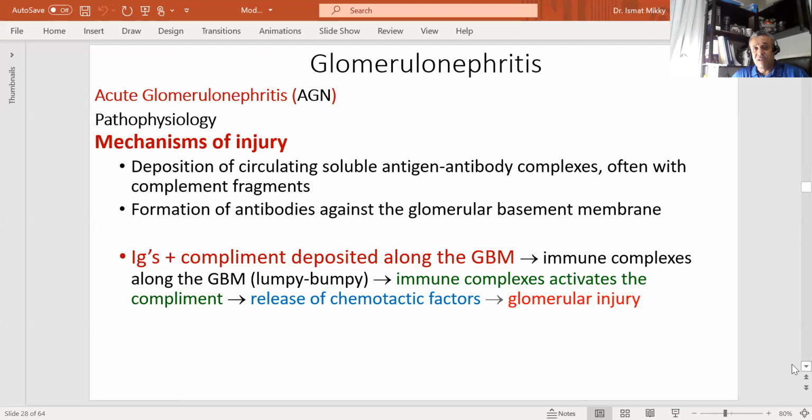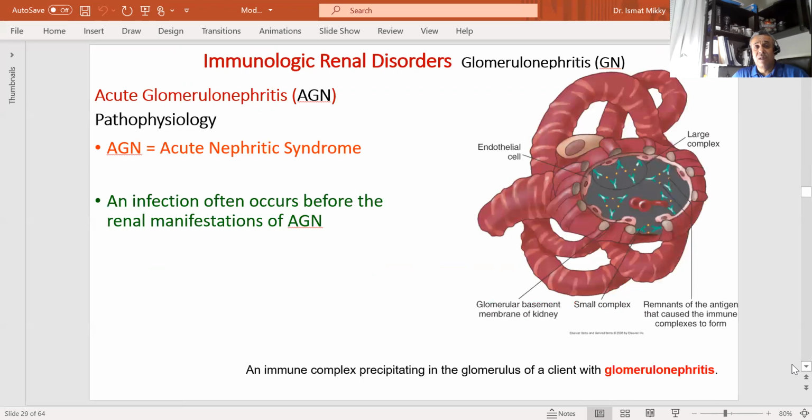So this is the mechanism of injury. There is the deposition of the antigen-antibody complex that will elicit the immune response, resulting in injury to the kidney, and that will eventually result in a loss of protein.